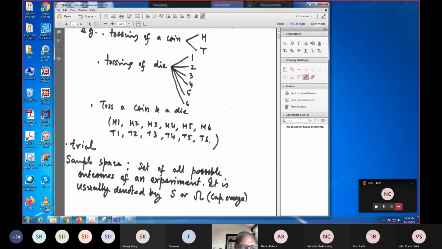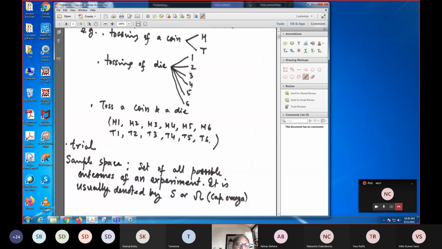There is a result in permutation and combination that if one experiment has m outcomes and another has n outcomes, then mixing the two gives m into n. Here we have 2 and here we have 6, so 2 into 6 is 12. You can watch that result.